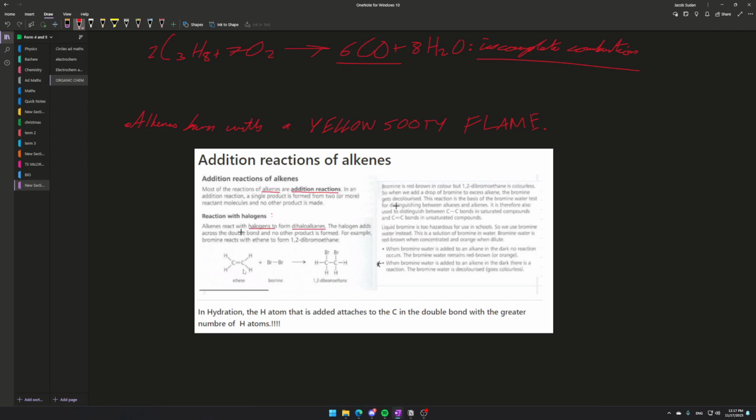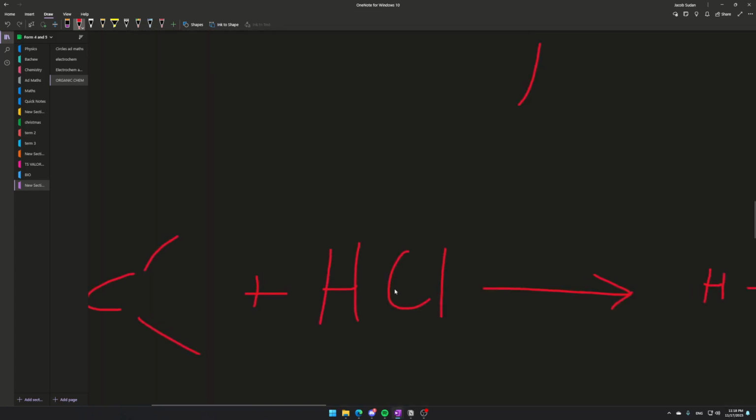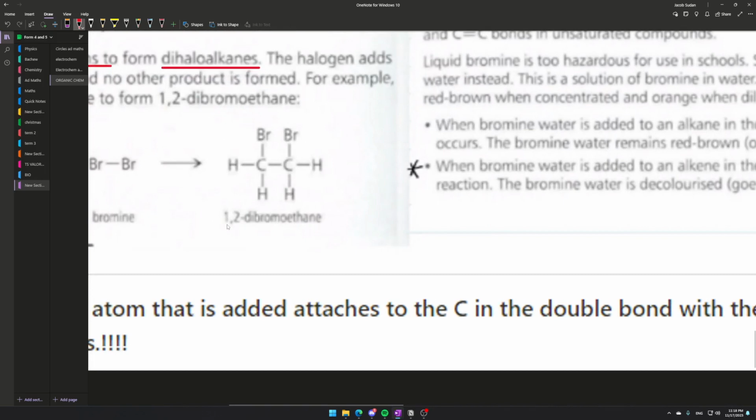So we have a pretty good example of it down here. We have ethene plus bromine. The double bond is broken, and we get this, right? And you will notice here that they named it 1,2-dibromoethane, right? How do we get that name?